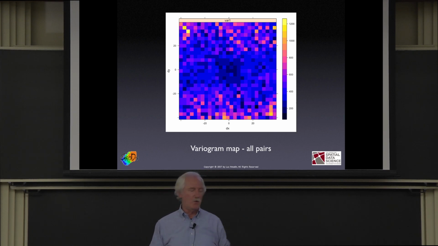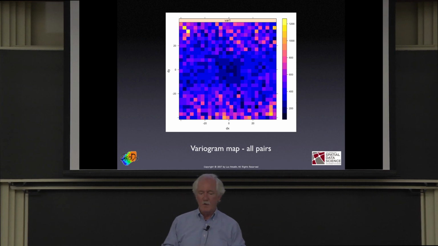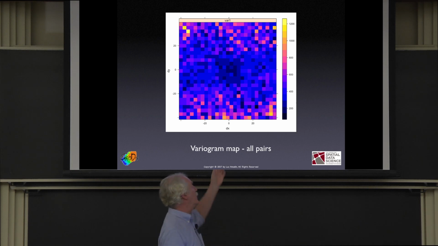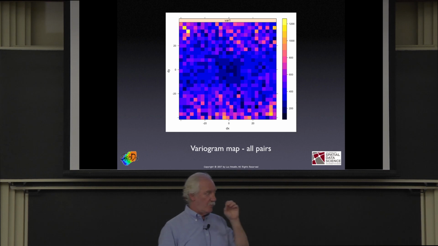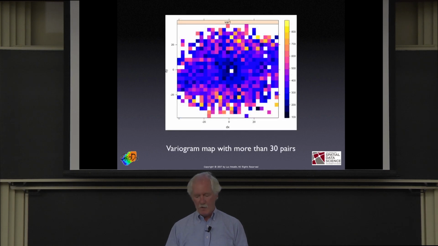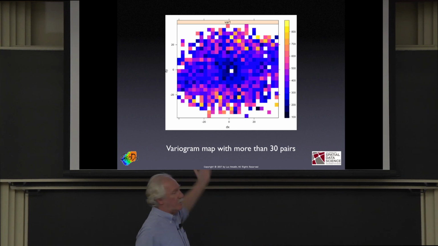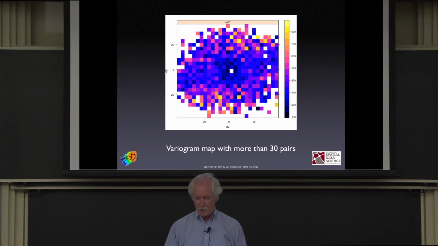That means there's no directional effect. If you see these kind of elliptical bands, it gives you evidence of directional effects. One of the problems with this is that these bins get really sparse very quickly. So there's all kinds of tricks, which we can see in GStat, the software, where you eliminate the ones that don't have enough pairs, and still you have even stronger evidence of some form of directional effect.